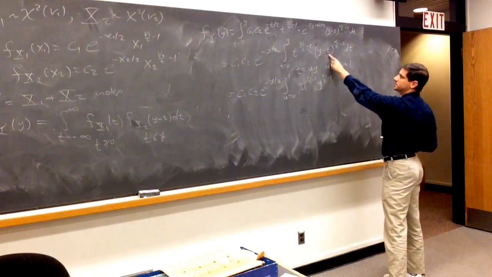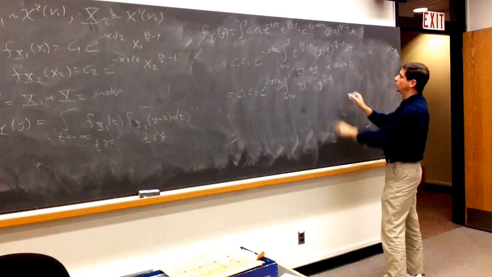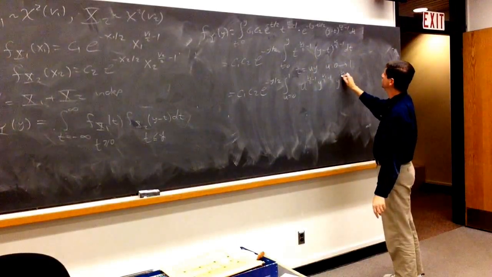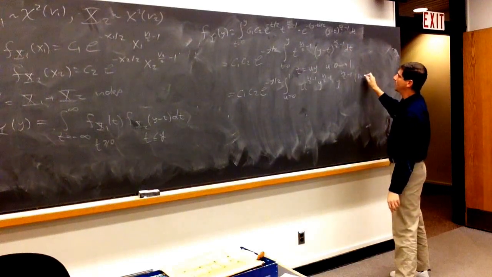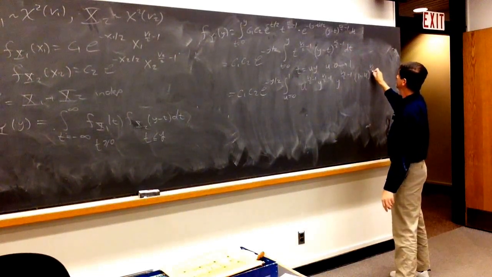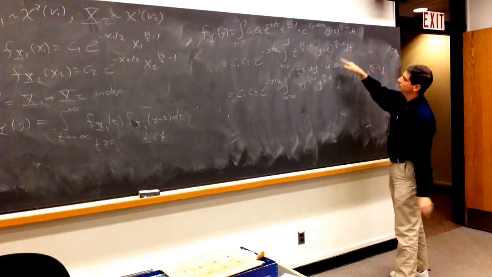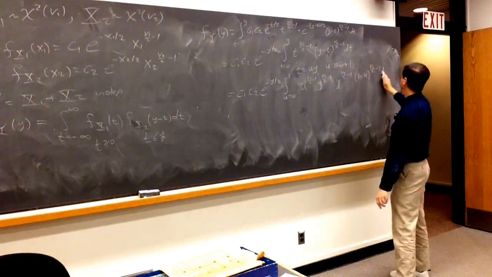Over here, y minus uy, we can pull out a y. We'll have a y to the ν2 over 2 minus 1. And then we'll be left with a 1 minus u to the ν2 over 2 minus 1.